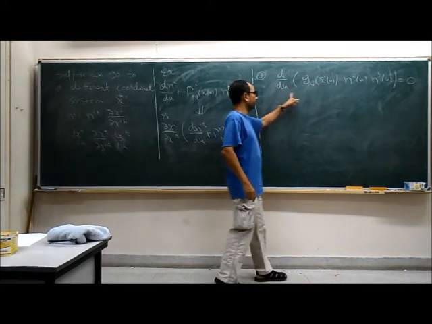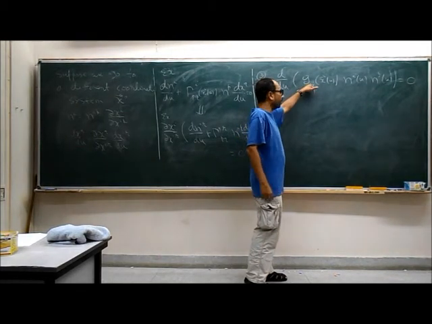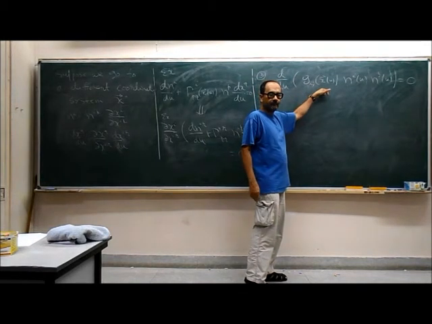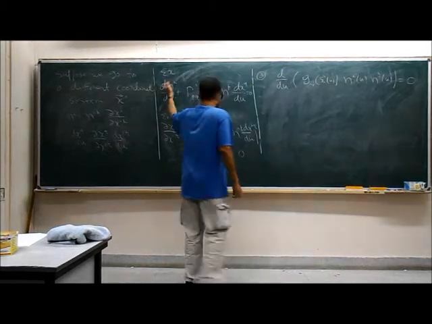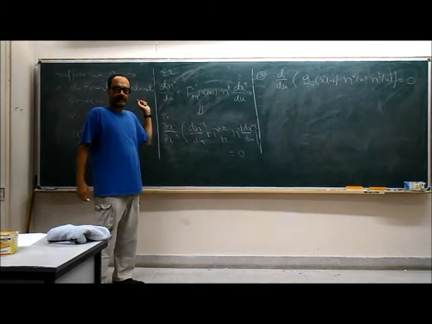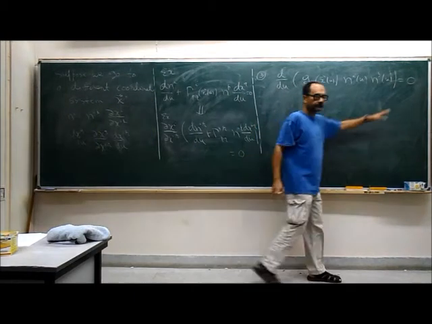You can prove this. If you want to give a direct proof, d/du of this will be the derivative of Gij with respect to x, and then dx/du, and then dni/du, where you have to use this equation. And then at the end you have to show that all the terms combined give you 0.